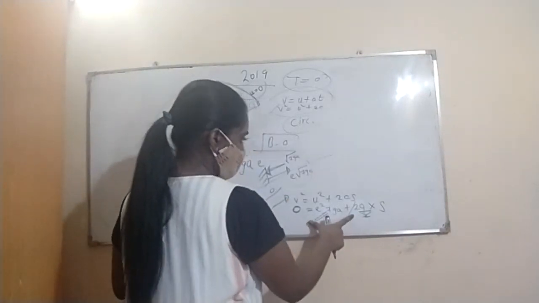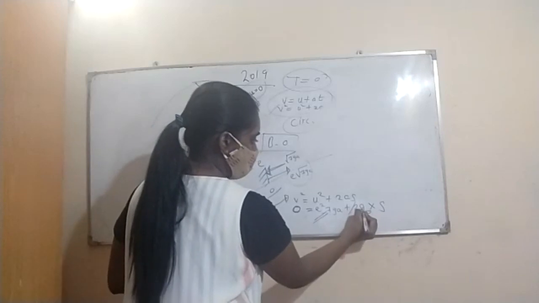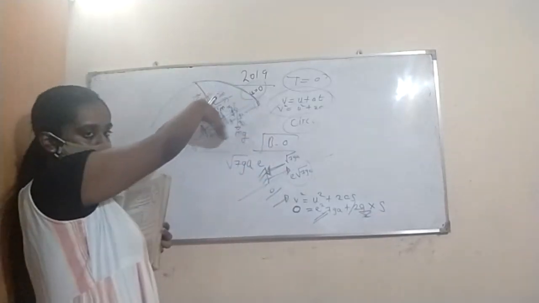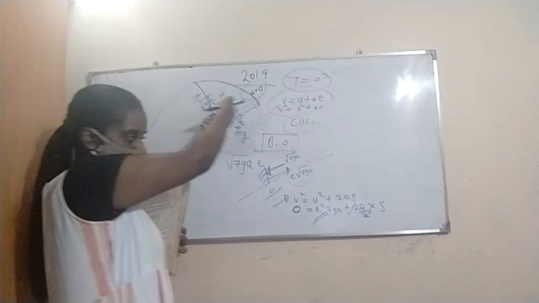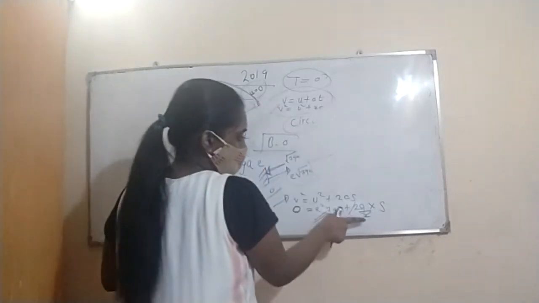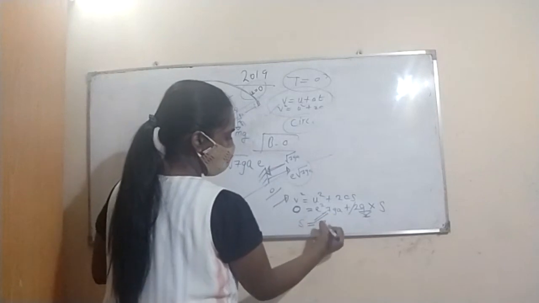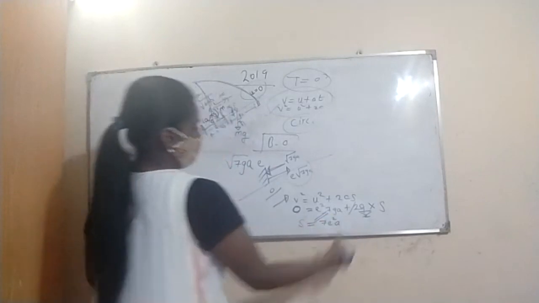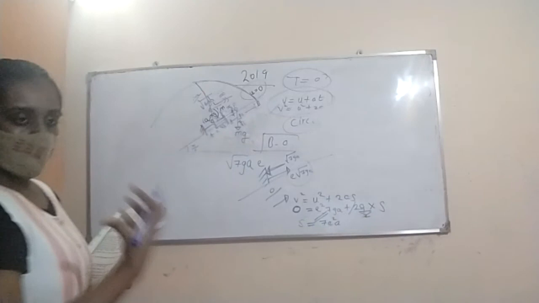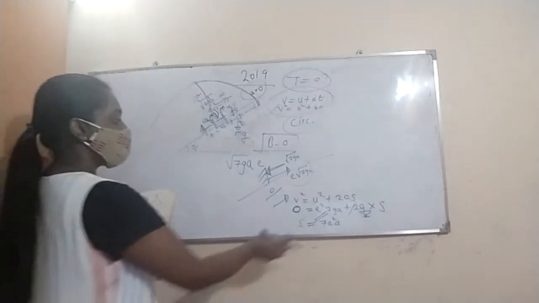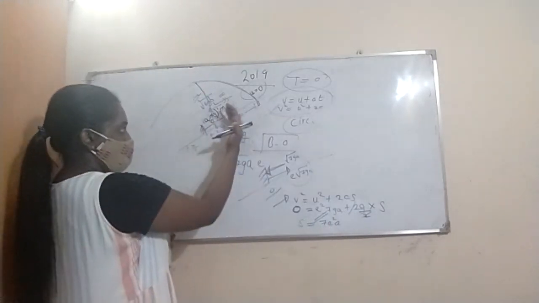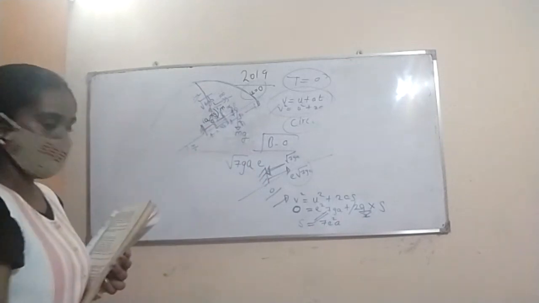Plus 2 into, here I put a minus because acceleration is this way, g cos 60. Therefore, you will get S is equal to 7E squared A. So I should know some information about E. Otherwise, I can't tell whether it comes to rest before A or after A.